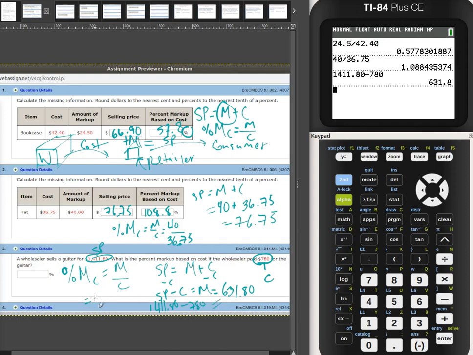We need to divide that markup of $631.80 divided by the cost of $780. And what is that going to give us? Divided by 780 is 0.81, but of course as a percent, if we move twice, it will go 81%.